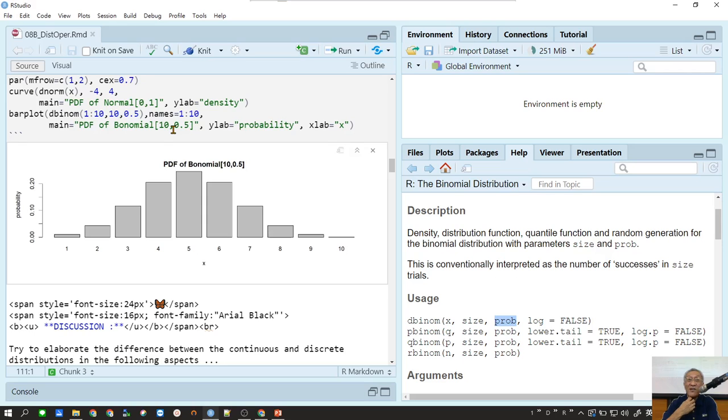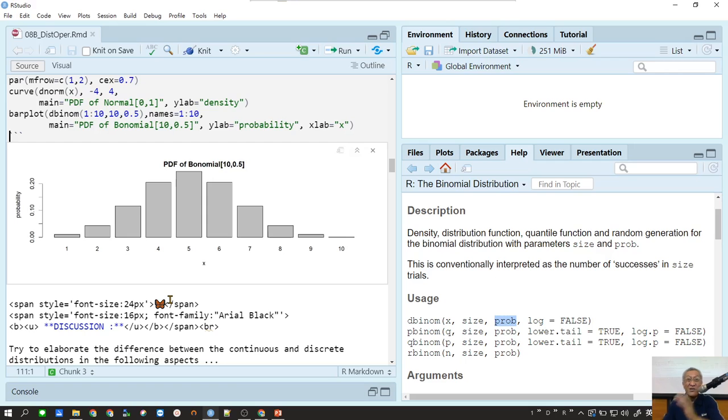So the density function acts differently for continuous and discrete distributions. For a discrete distribution, it basically returns the probability. This is not density, okay? For discrete values, there is no idea of density. It is the probability that it happened 2 times, 3 times, 4 times.